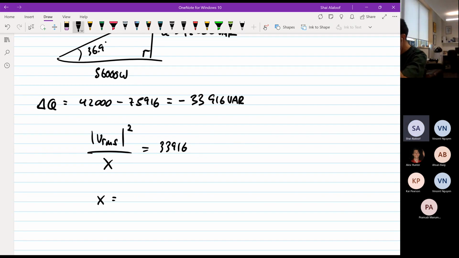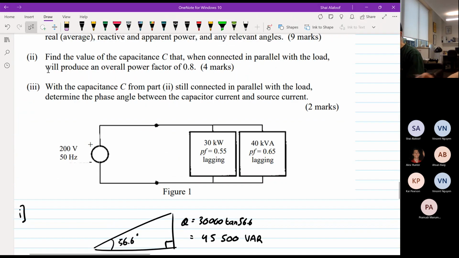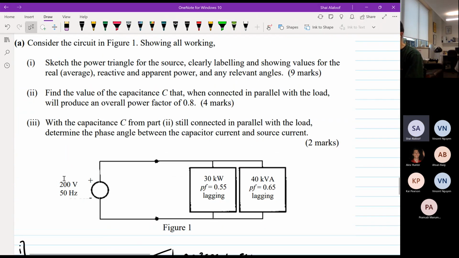Anyways, just rearranging for X, and VRMS is 200 on root 2. If we scroll up, this is 200 volts, and it didn't specify whether it was RMS or not. If it's not specified as RMS, then just assume that it's not. Otherwise, it will say. I've had questions in the past where it does specify RMS, so do pay attention to that.